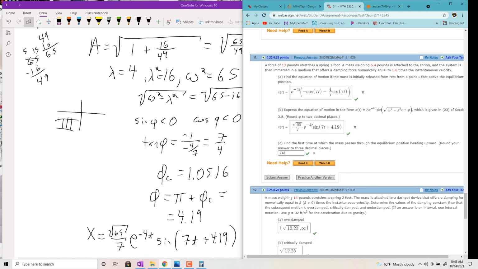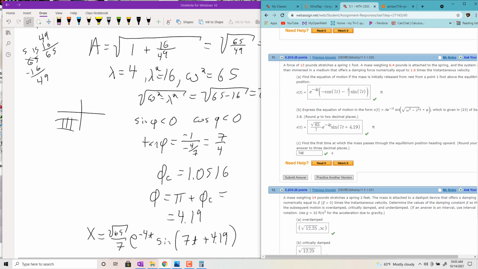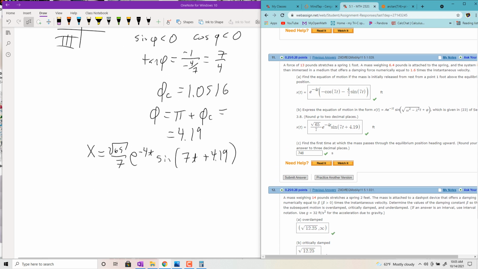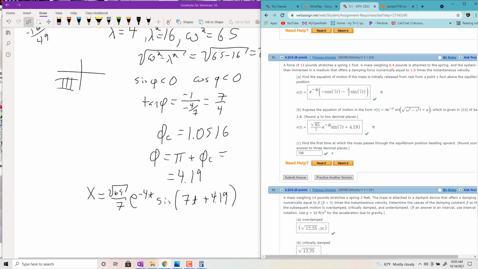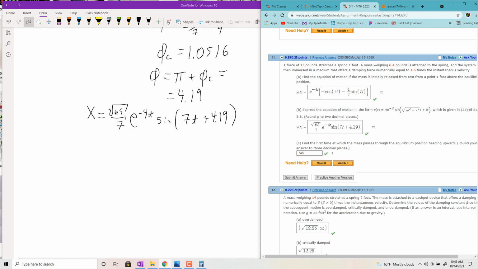Find the first time the mass passes through equilibrium headed upward. Okay, so initially note that it's released from a point 1 foot above equilibrium. So first it's going to go downwards through the equilibrium point, and then you'll get a false answer there, but then it goes back up.